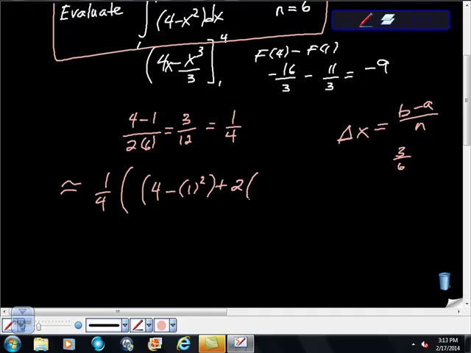I have 2 of those because that's part of the trapezoidal rule. 4 minus, we said that we're starting at 1, but our change of x is 3/6, otherwise known as 1/2. So 1 plus 1/2 is 3/2. So I have 3/2 squared, plus 2 times 4 minus another half here. 3/2 plus 1/2 is 4/2.